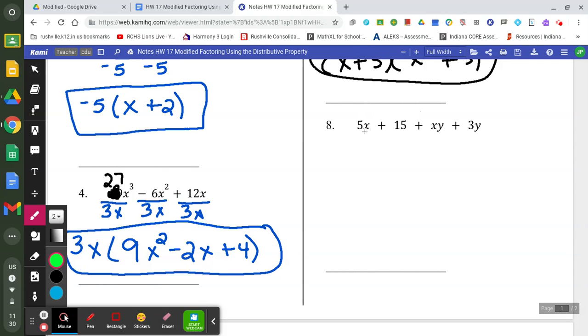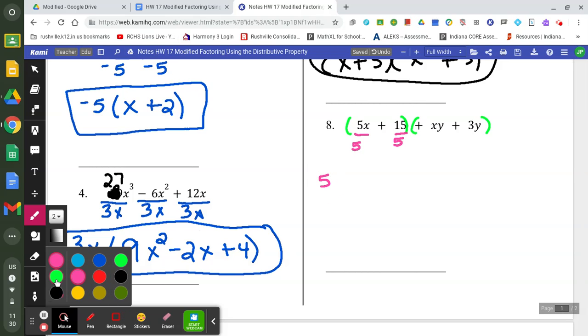So again, this one has 4 terms, and there's nothing that will go into all 4 terms. So I split it into 2. And my greatest common factor of the first 2 is a 5. So 5. And then I'm going to divide. 5x divided by 5 is x. 15 divided by 5 is plus 3.